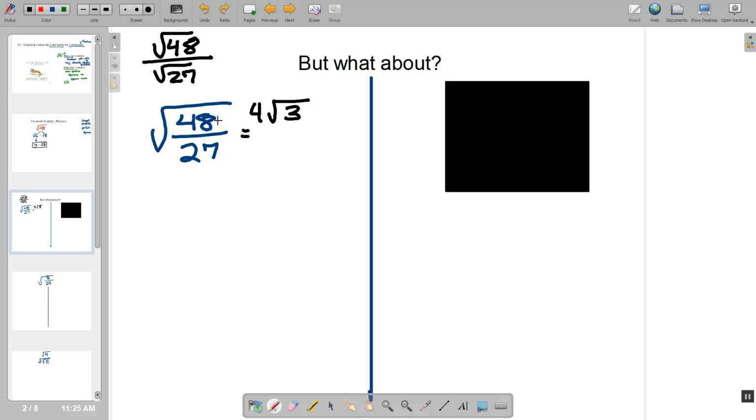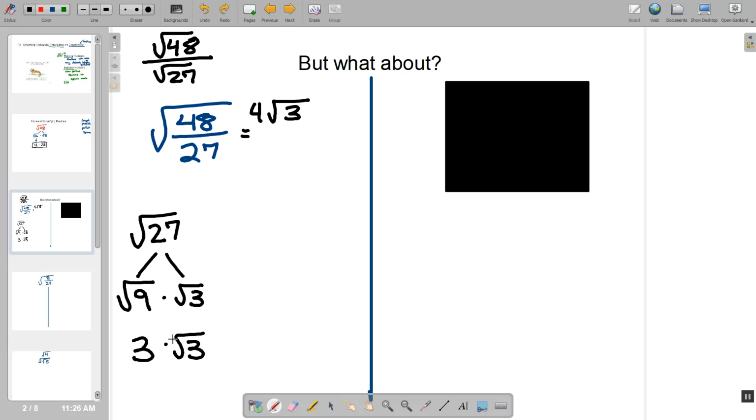For example, the top problem once again is 4 times the root of 3. And now I need to simplify the root of 27. Well, the largest possible perfect square is 9. So I do the square root of 9 times the square root of 3. Square root of 9 is the number 3, and this is going to stay.